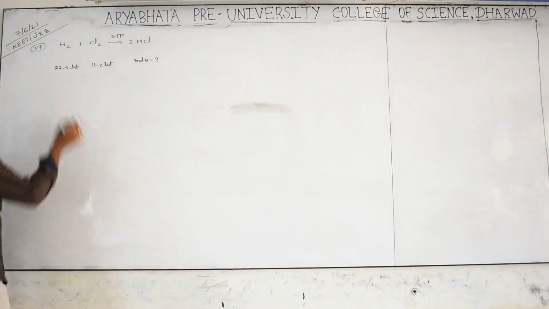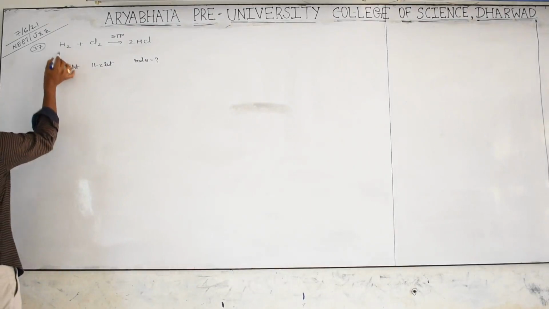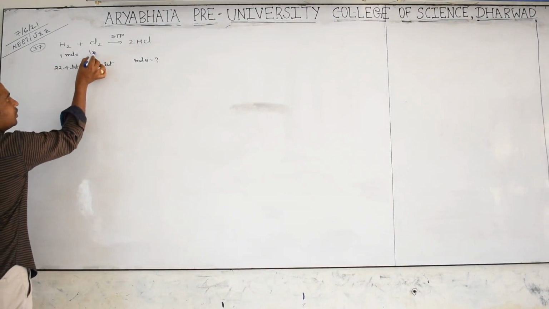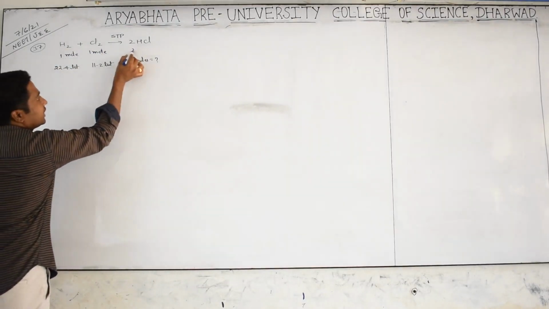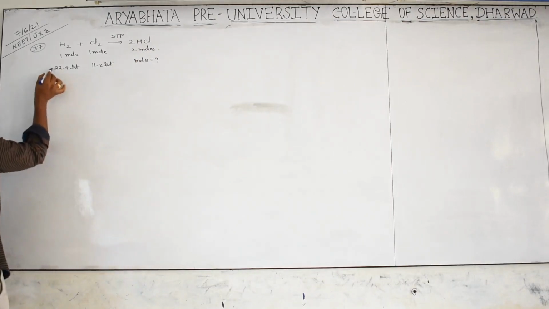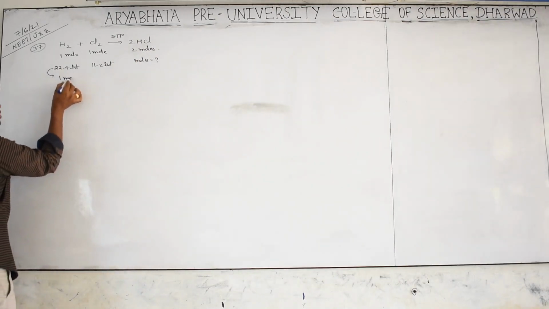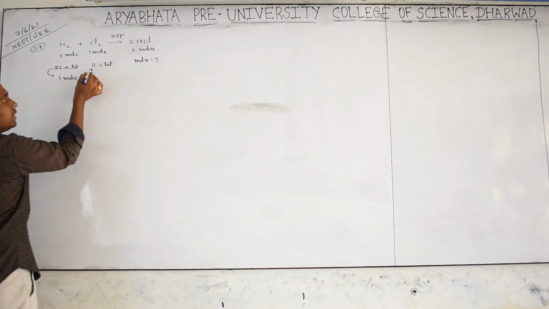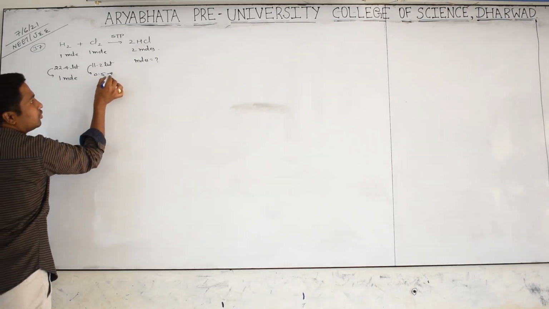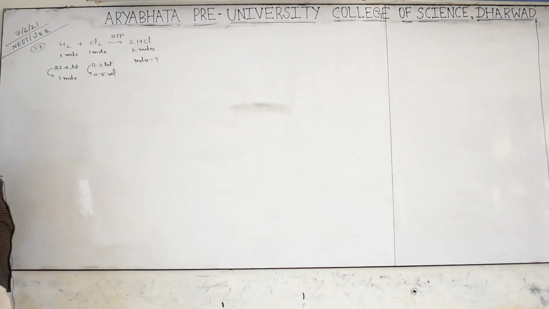Once you see, the coefficient 1 mole combining with 1 mole gives 2 moles. 22.4 liters means 1 mole, but 11.2 liters at STP condition means 0.5 moles. Then how many moles are you getting?